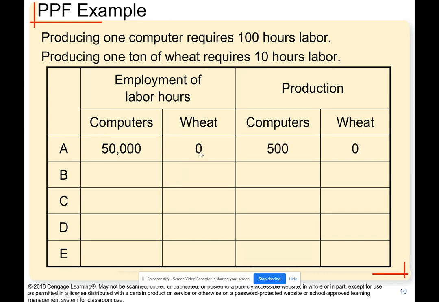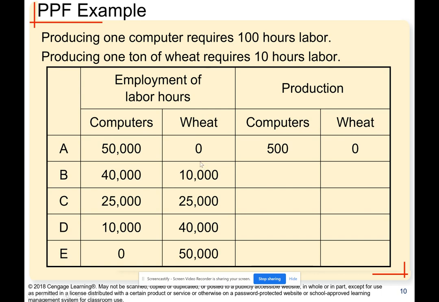Okay? And if 100 hours of labor produces 1 computer, the 50,000 labor hours will produce 500 computers. That is just 50,000 divided by 100 gets you 500 computers. But that means you cannot produce any wheat.